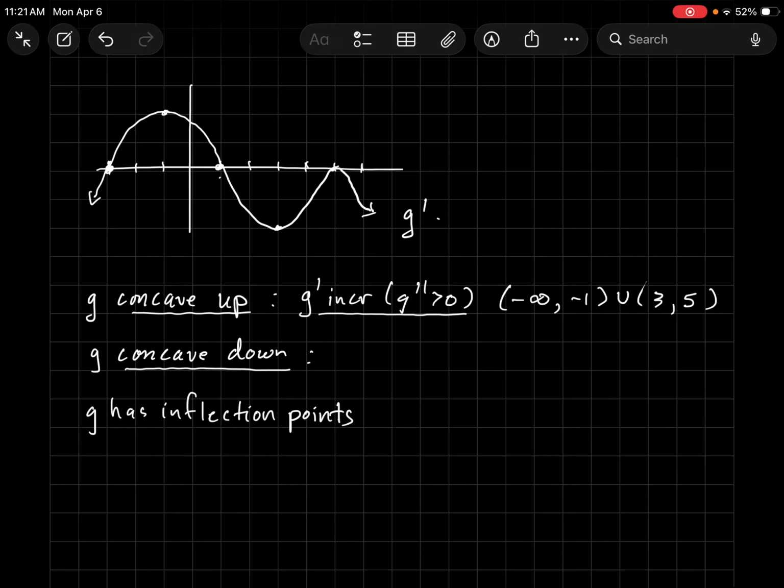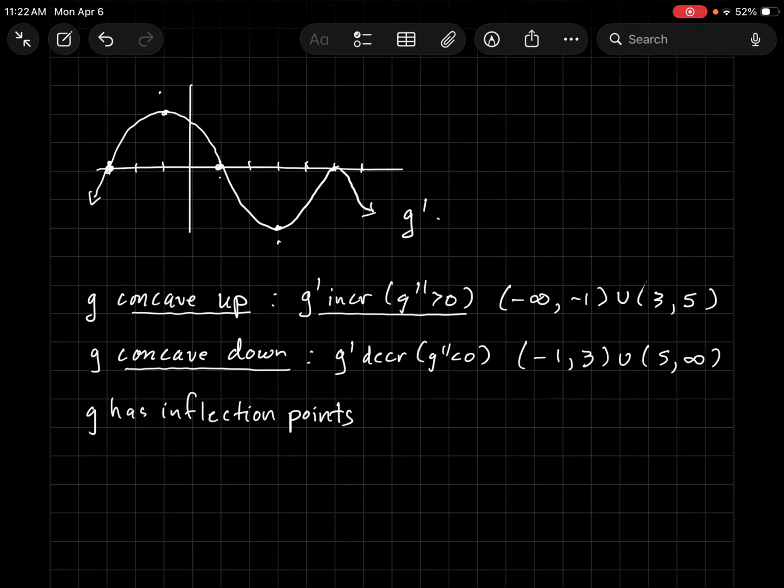Well, the underlying truth of that is when g prime is decreasing or g double prime is negative. So I already know what to look for. I look for where g prime is going down or decreasing. And that's on the interval from negative 1, starting here to 3, and also on the interval 5 to infinity.